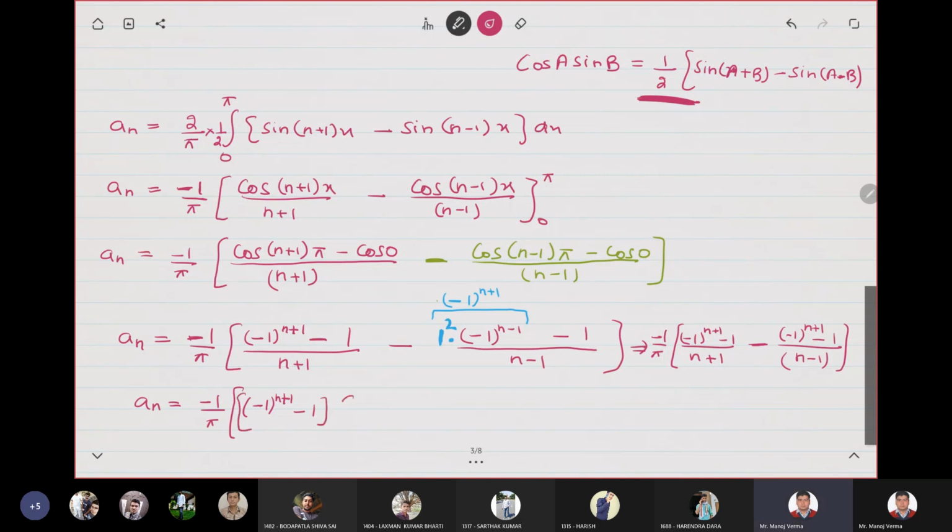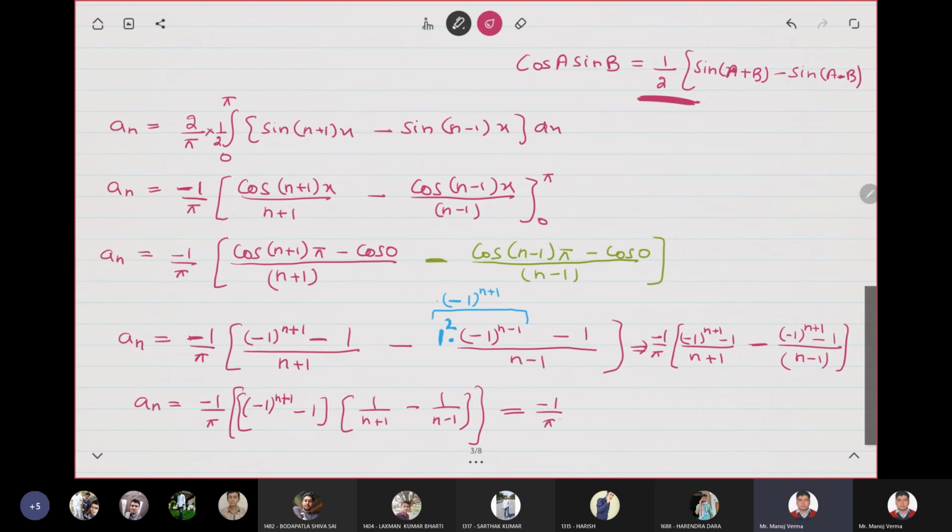And what will remain in this bracket is n plus 1 minus 1 upon n minus 1. So I have taken the numerator common, and I have to solve this.